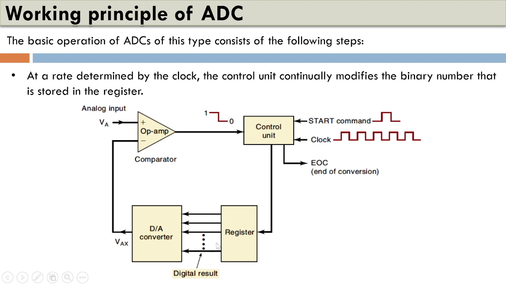That binary number stored in the register will be directly coupled to the digital to analog converter. Now, the digital to analog converter's output will be proportional to the applied digital input. This output of the digital to analog converter, which is VAX, is continuously compared with the input unknown voltage.